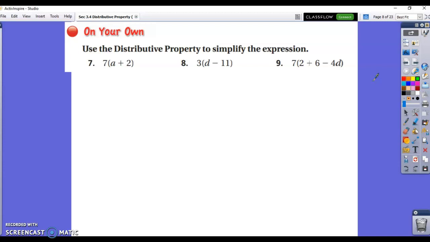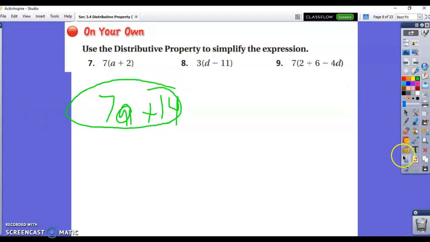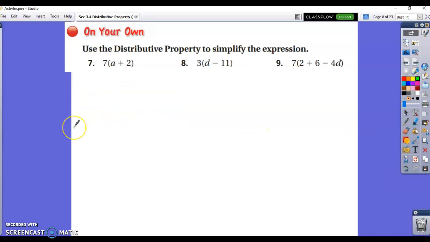For number 7, I'm going to distribute 7 to both a and positive 2. So I'm going to have 7a plus 14. And that's my answer for that. I'm going to slow down on number 8 for you.